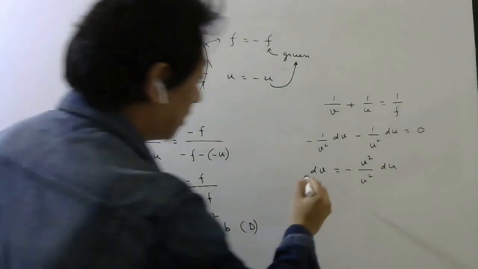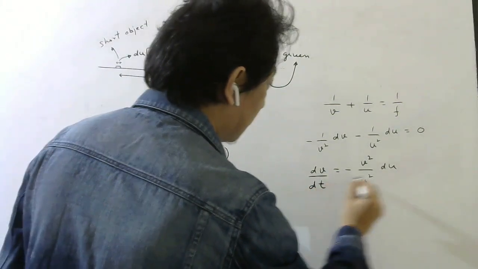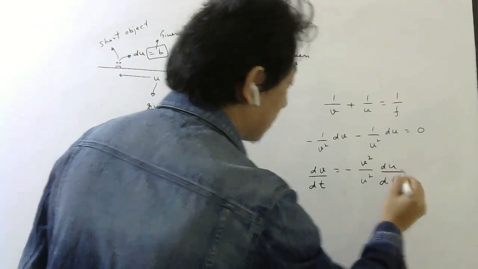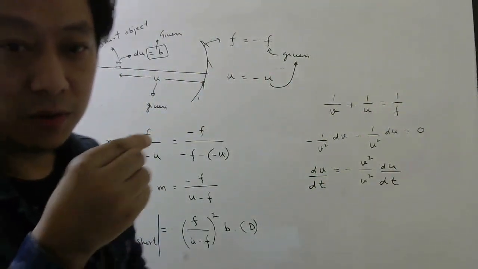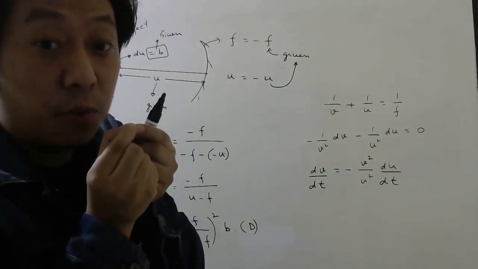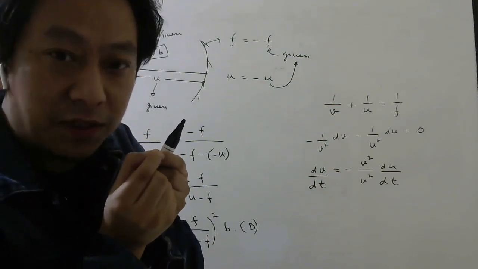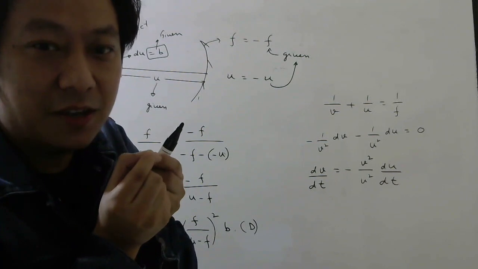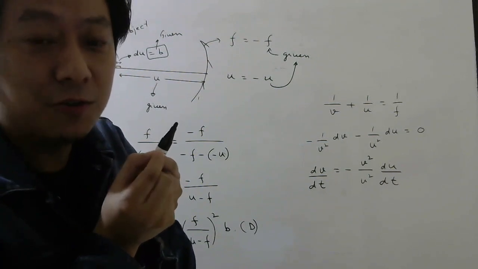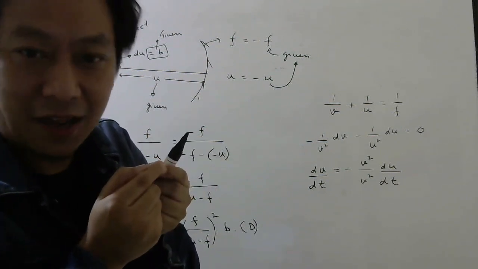If you divide both the sides by time taken, so let us say instead of some short object, suppose I have a point object, and suppose that point object moves by some distance, small distance du. Why du? Because u is the object distance, right?